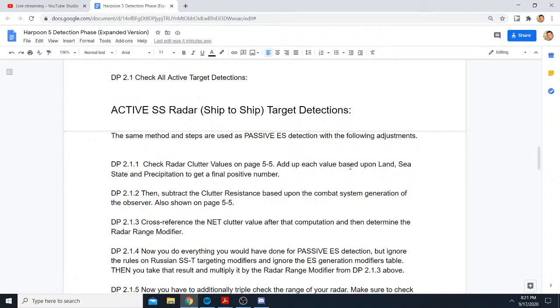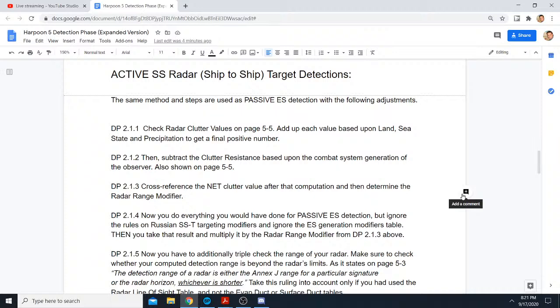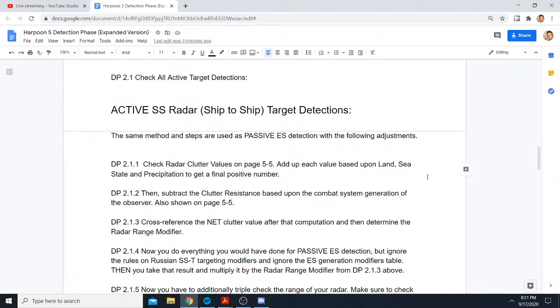There are going to be situations where, especially for the U.S. originators, because they do not have that SST targeting system specifically for going over the horizon, there is a little more ambiguity. When I get through this, ask questions, and if I don't have the answer, I might be able to go get it. In general, it's the same steps as passive.